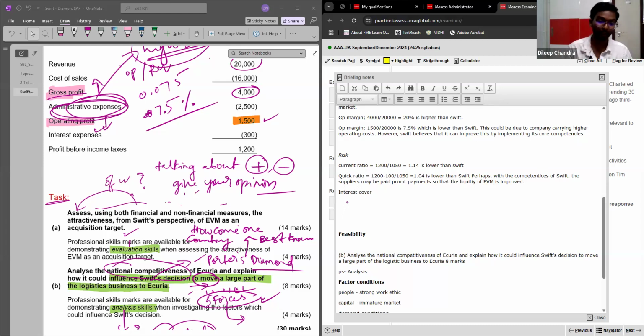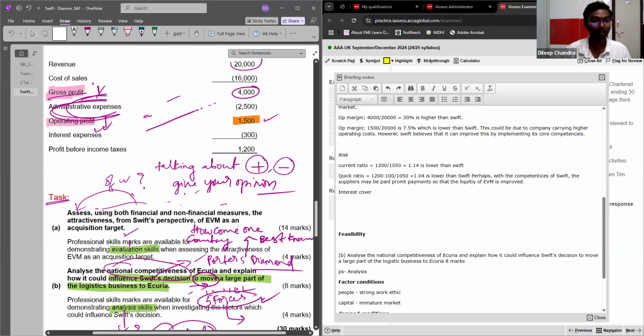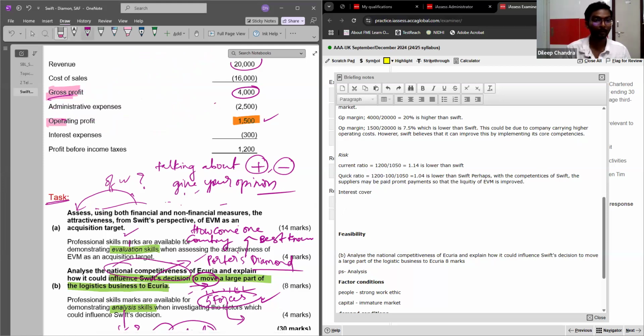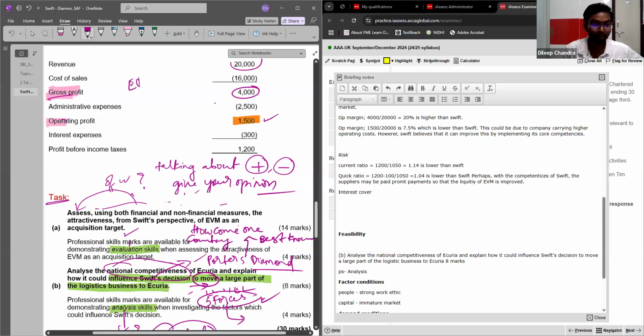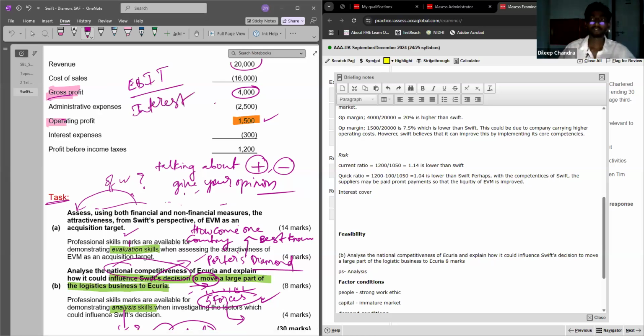And then interest cover. So interest cover means the formula is, what is the formula for interest cover? Earnings before interest and tax divided by interest. Okay, earnings before interest and tax divided by interest.